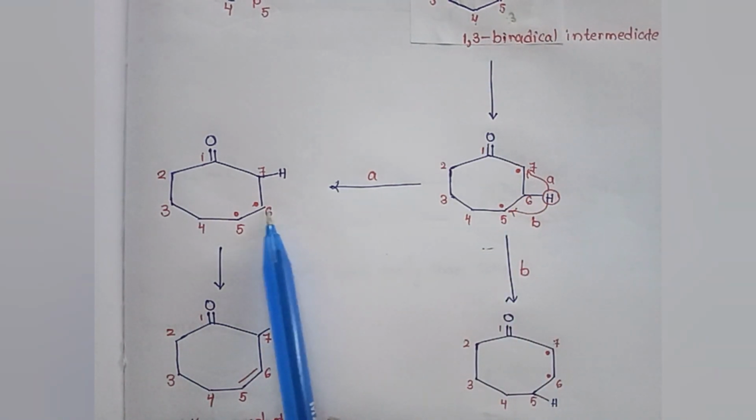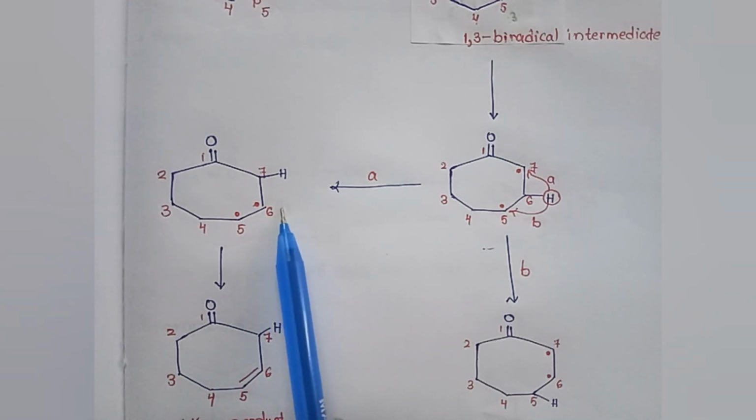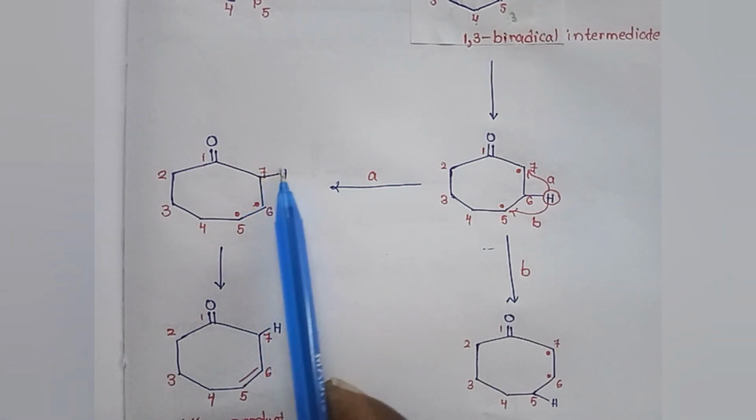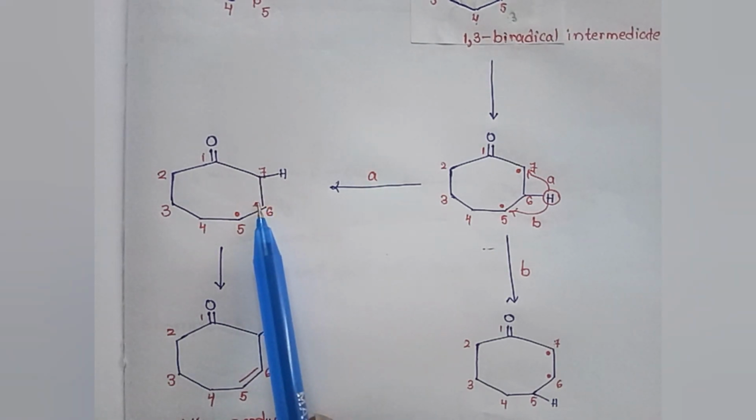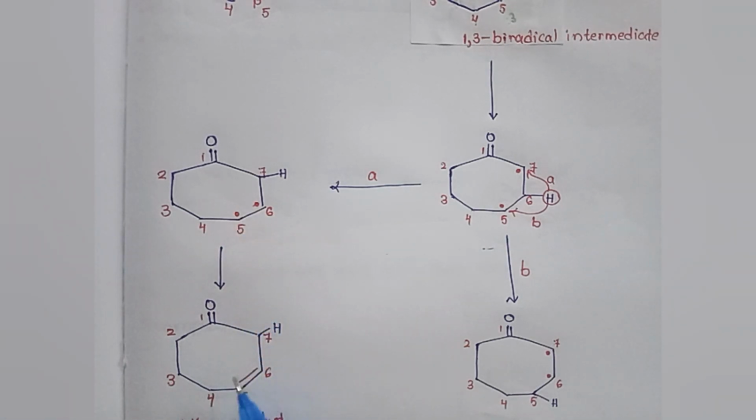Let us see A route. The hydrogen atom which is present on this 6th carbon atom will go to 7th carbon and it gets attached here. As a result of which a new radical is formed here. This radical and this radical will together join and form a double bond.